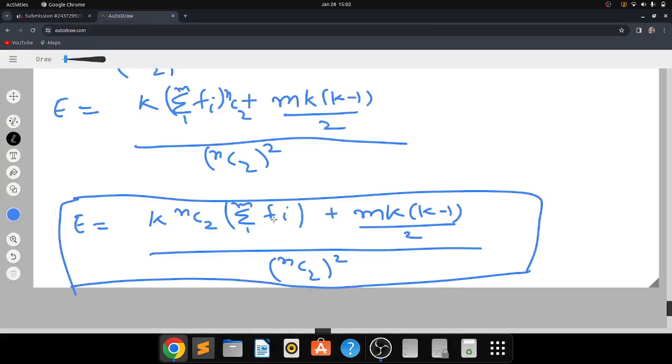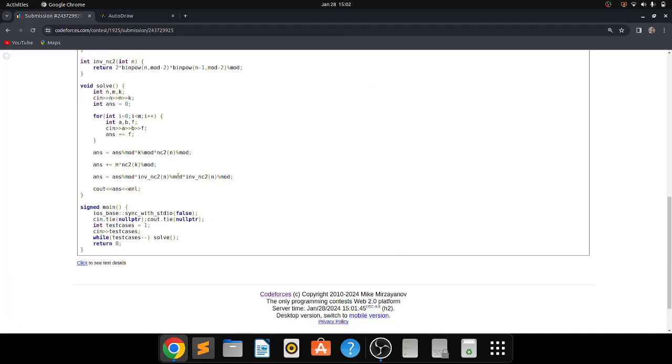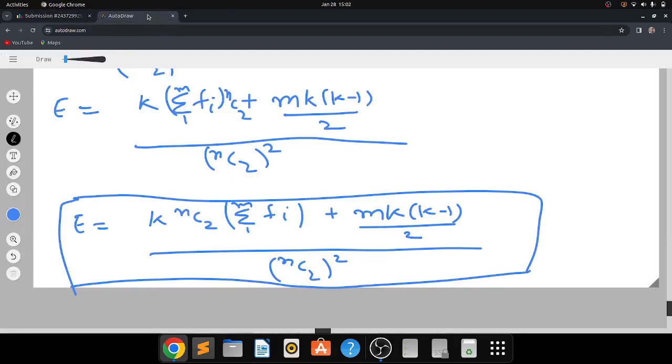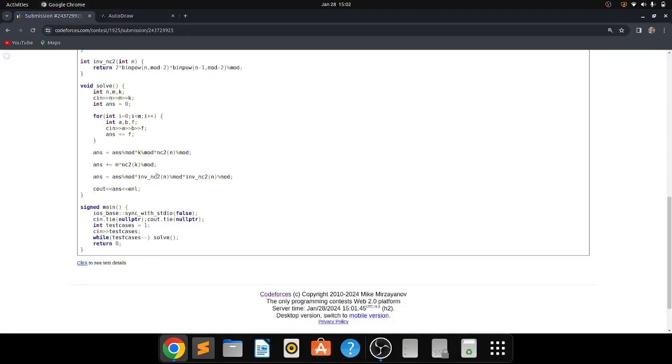What is the summation? f of i into nC2 into k. Then we added m into k into (k-1) divided by 2, this term m into k into (k-1) divided by 2, and then we divided it by nC2 square, right?